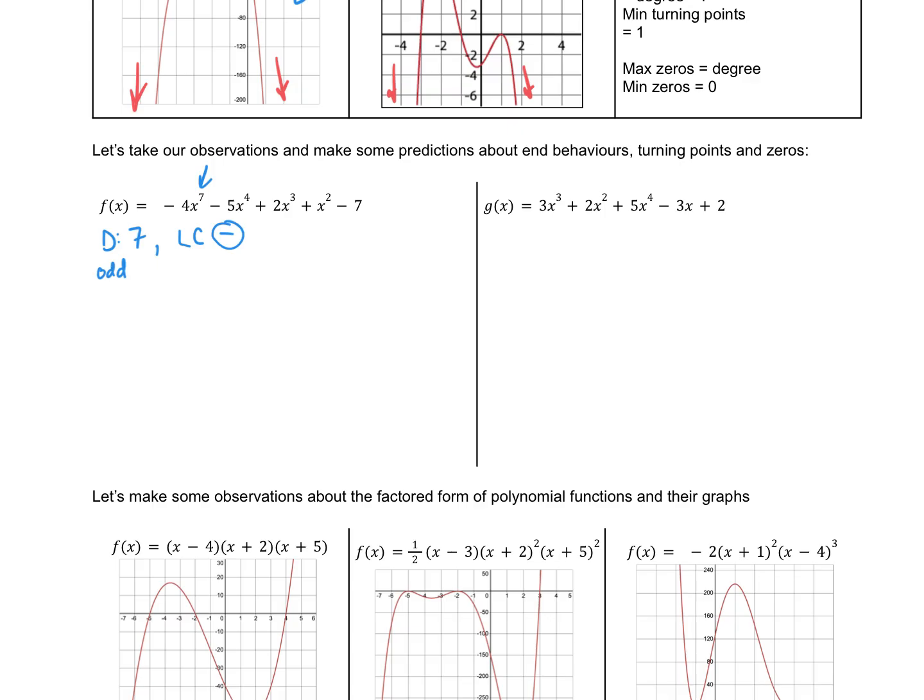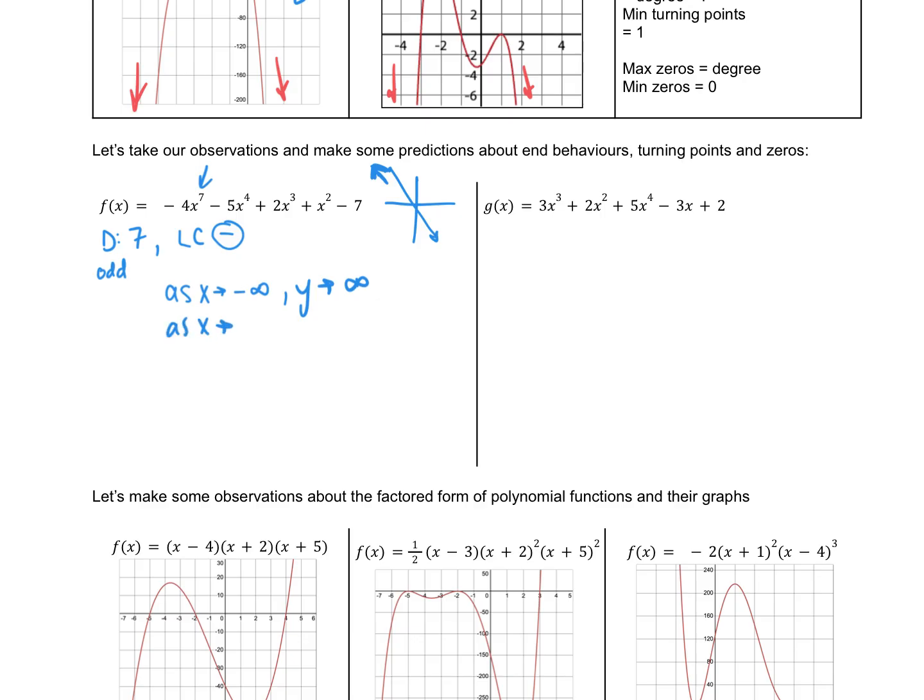So I'm expecting opposing end behaviors, and I'm expecting to start high and head overall downwards, which means for my end behaviors, as x approaches negative infinity, which is the left side, y approaches positive infinity. So we're showing this part right here.